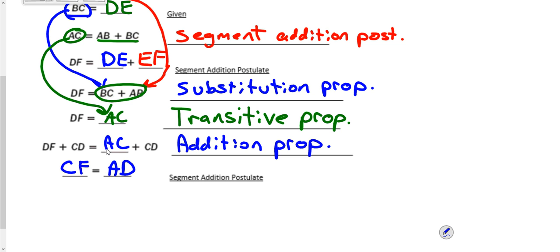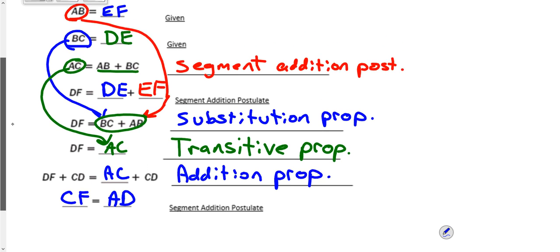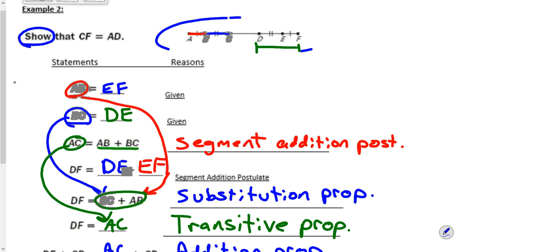And we already filled in our last two blanks, what we were trying to prove, that CF equals AD by the segment addition postulate. So to get CF equals AD from what we have, looking back up at the top, we had CF, and we want that to equal AD.